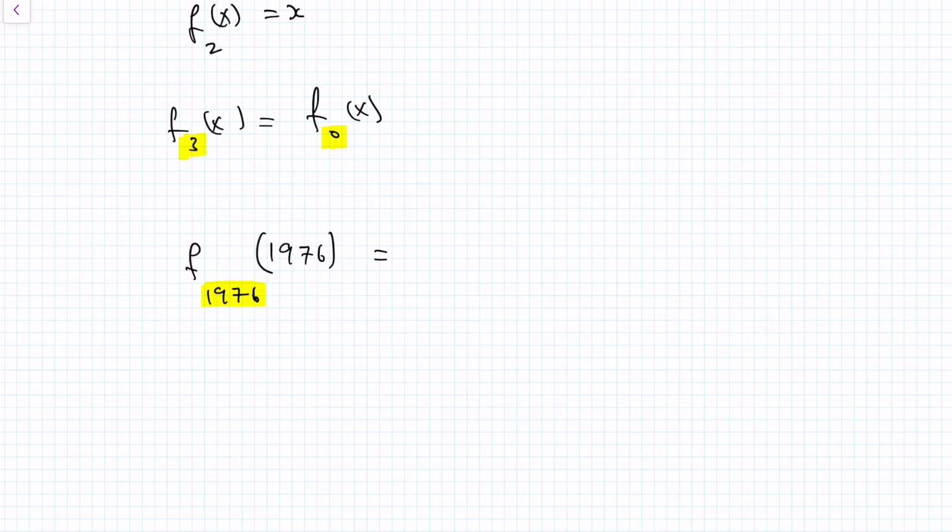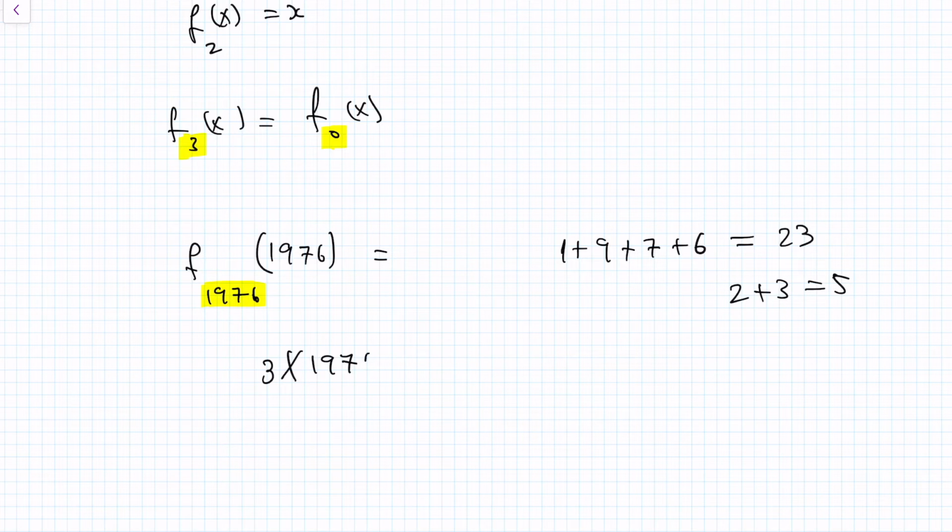So we want a number that is divisible by 3 and closest to 1976. If we add the digits 1 plus 9 plus 7 plus 6, we have 23, and the digit sum of 23 is 5. That means 3 doesn't divide 1976.